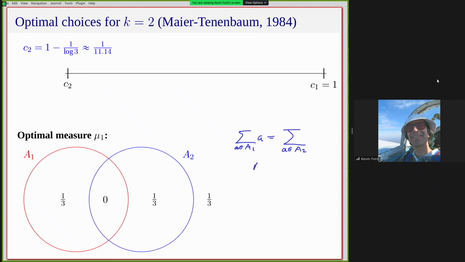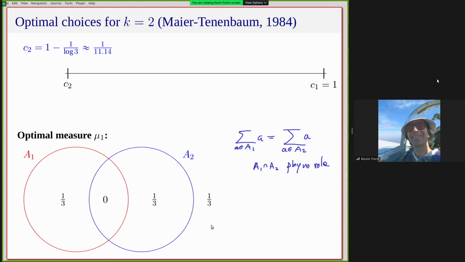So anything in the intersection can be dropped out of both sides. So these play no role. We don't care about what's in here, but the optimal choices, which were discovered by Maier and Tenenbaum, are 1/3, 1/3, and 1/3.